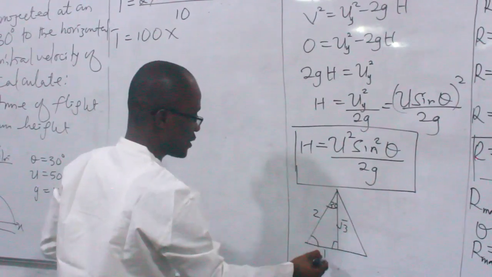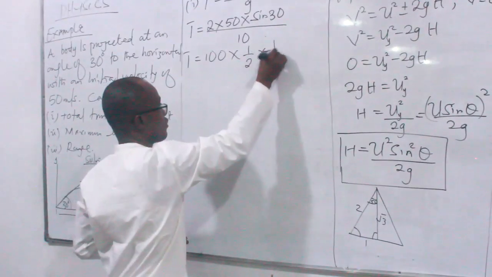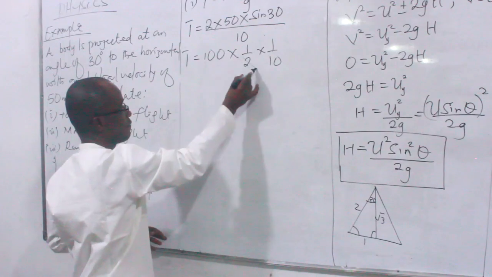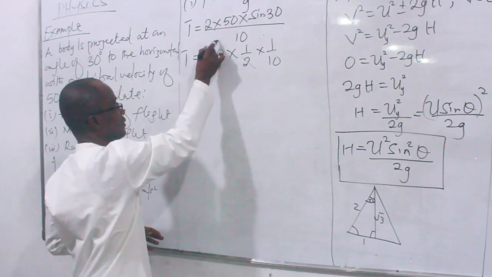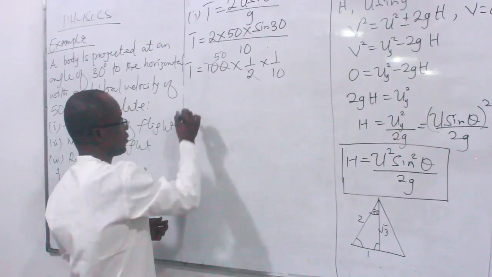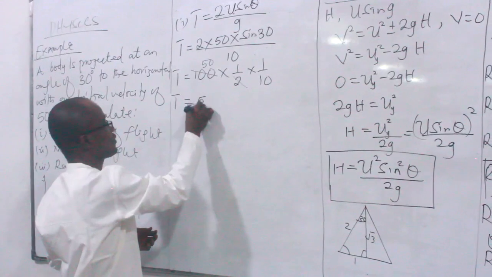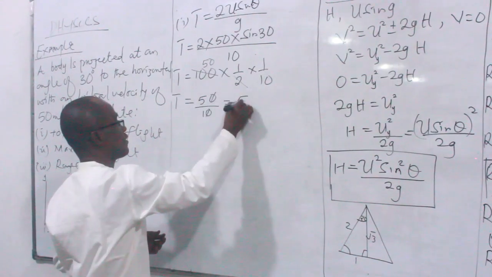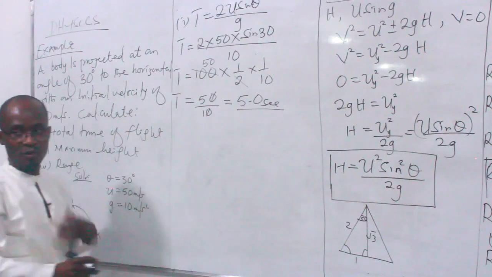Sine of this angle is opposite over hypotenuse, which is 1 over 2, then times 1 over 10. At the end of the day, we have 2 into 100, 50. So we have here that t will be equal to 50 over 10, which is 5.0 seconds. So the time of flight is 5.0 seconds.